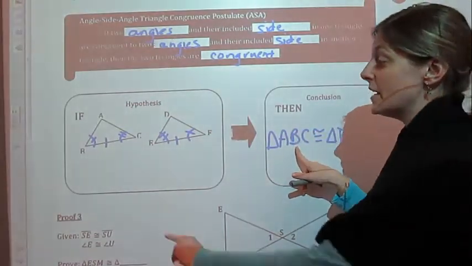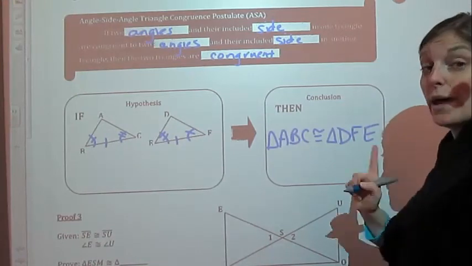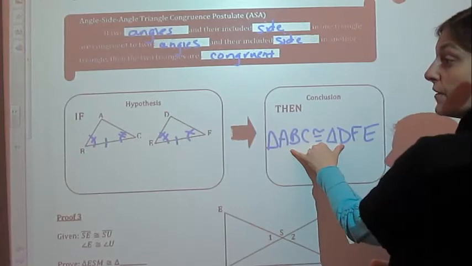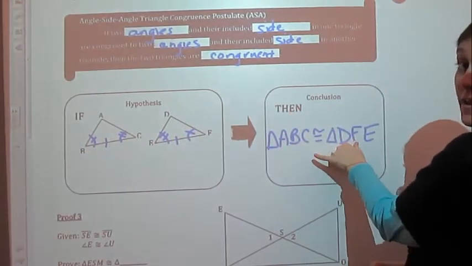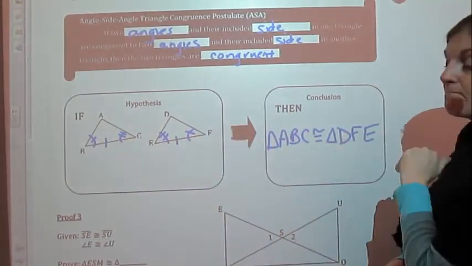Then we go to B, well now we have to go to F here. So this is going to be DFE. We have to match the pieces. So A and D go together, so they're both first. And then B goes with F, so if B is second, then F has to be second. And then if C is last, then E has to be last.